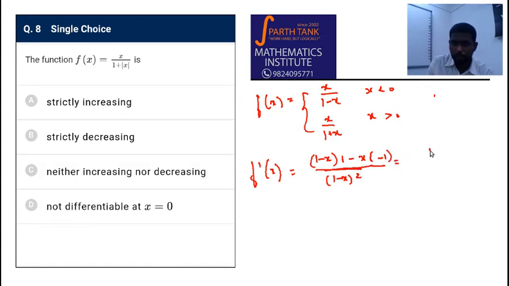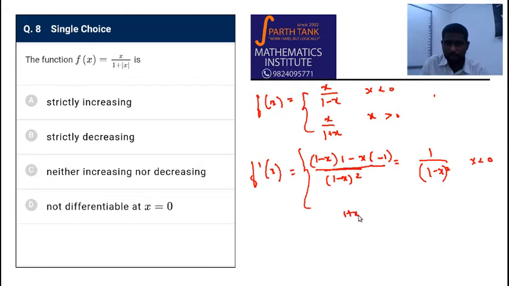So this would become 1 by 1 minus x, the whole square, right? Minus x, plus x and minus x here. This is for x less than 0. Now for x greater than 0, it is 1 plus x squared, and in the numerator I get 1 plus x into 1 minus x into 1.